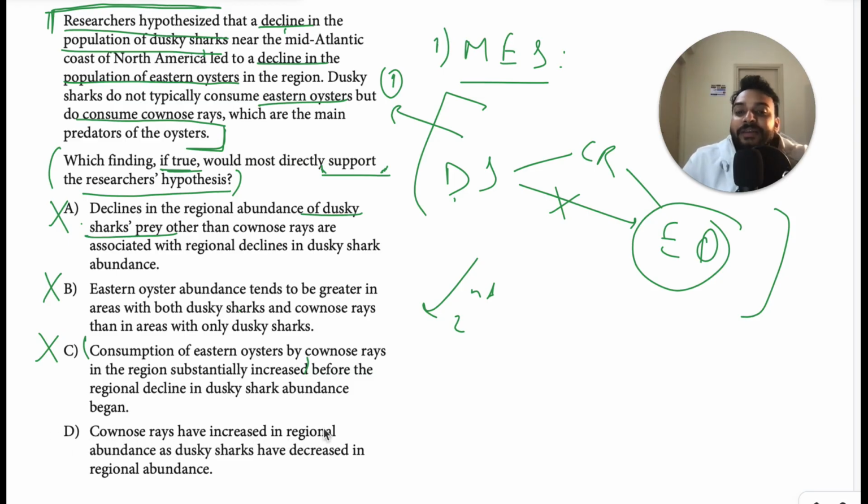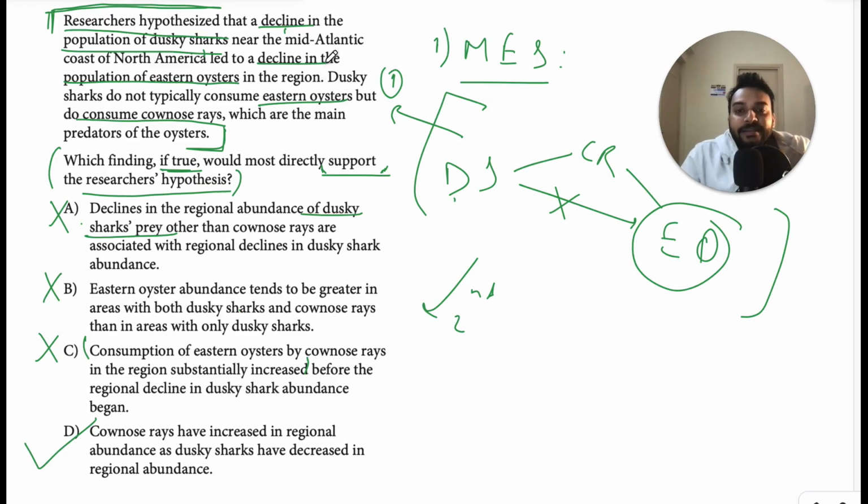Cow-nose rays have increased in regional abundance as dusky sharks have decreased in regional abundance. Yep. So the cow-nose rays have increased since dusky sharks have decreased. Since dusky sharks decreased, fewer cow-nose rays are getting eaten, and hence more eastern oysters are getting eaten by those cow-nose rays. So this would most directly support the researchers' hypothesis.